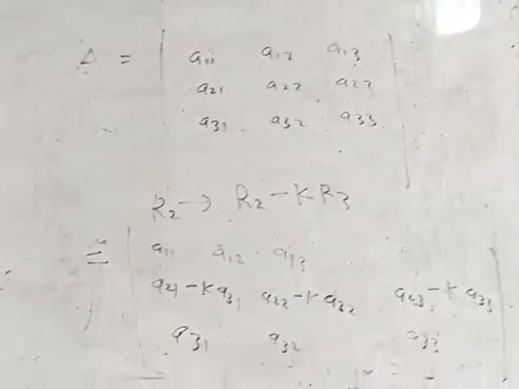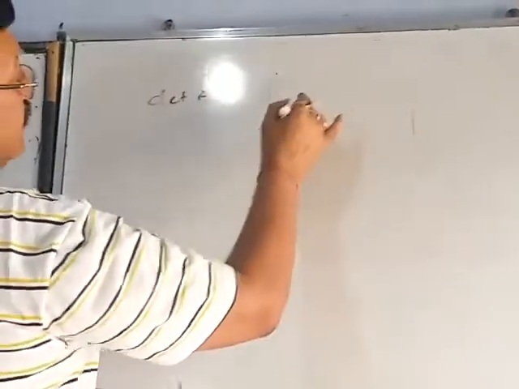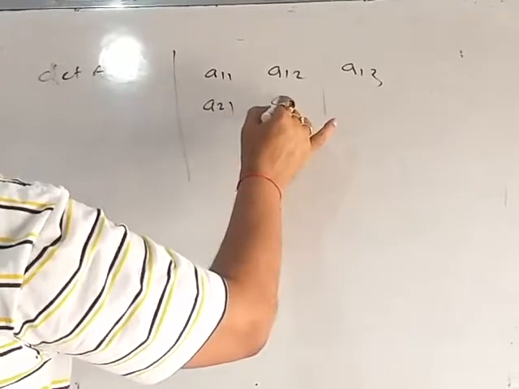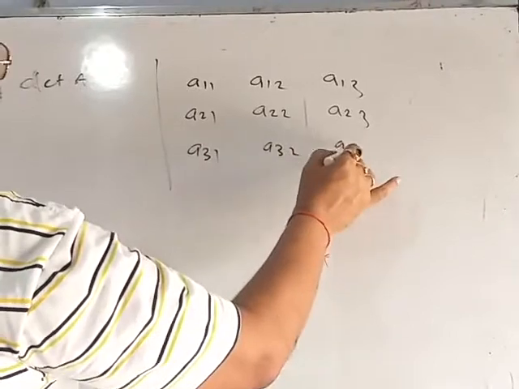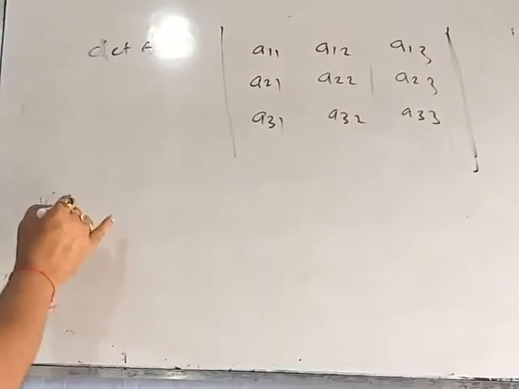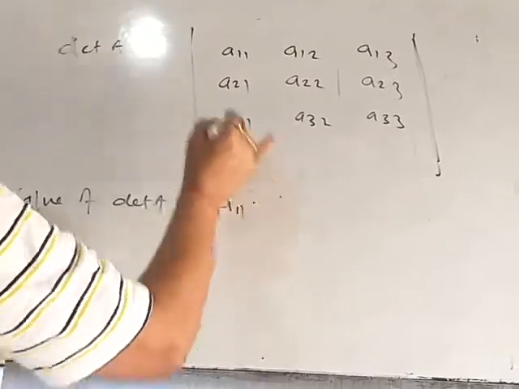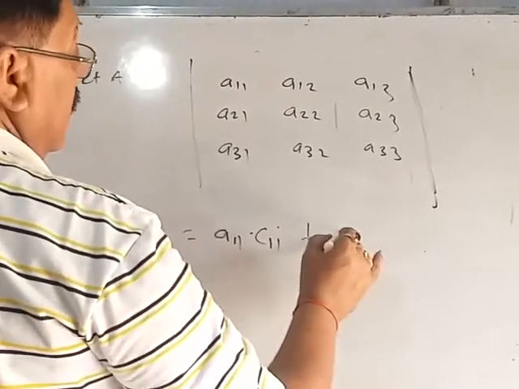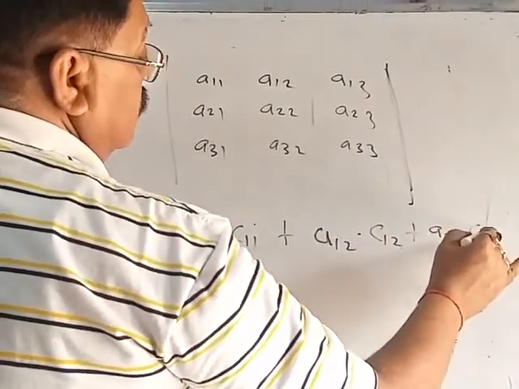Now the last property, the eighth property of determinant. I want determinant A as A11, A12, A13, A21, A22, A23, A31, A32, A33. In this case the value of determinant A will be A11 into cofactor C11, plus A12 into C12, plus A13 into C13.